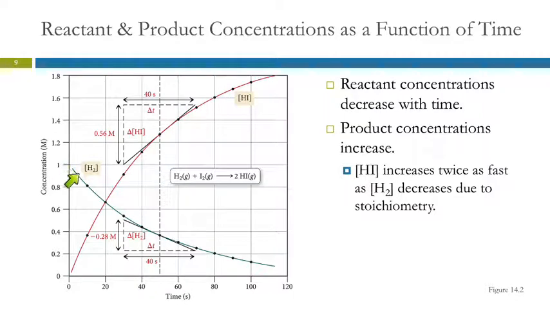So as time goes on, the hydrogen concentration decreases. And the hydrogen iodide concentration, the product, increases. It started out at 0, and as time goes on and the reaction proceeds, its concentration increases. The hydrogen iodide concentration is increasing twice as fast because of the stoichiometry of the reaction.